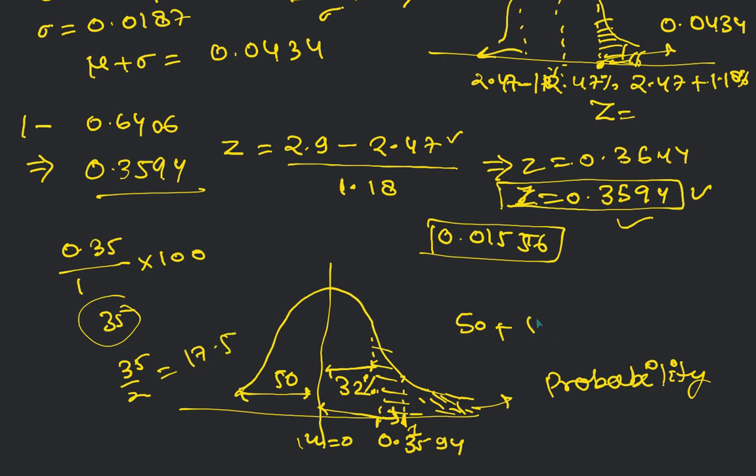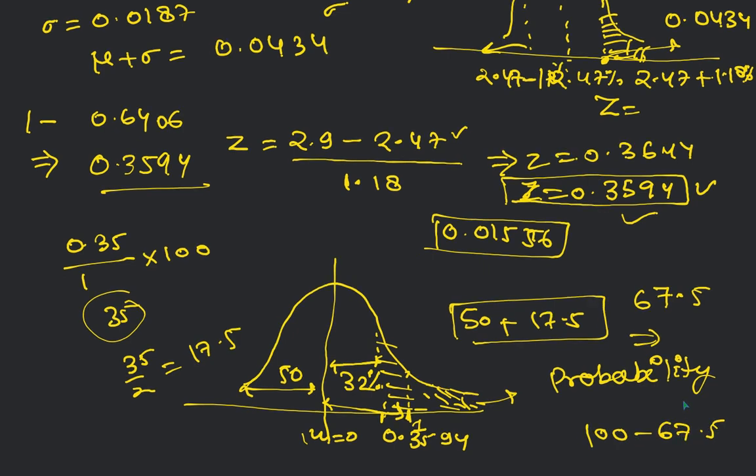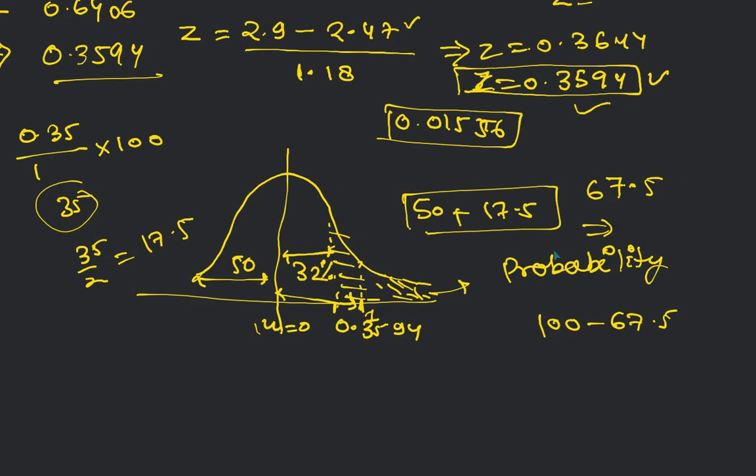So 50 plus 17.5 will be 67.5, and 100 minus 67.5 is roughly 32.5%.